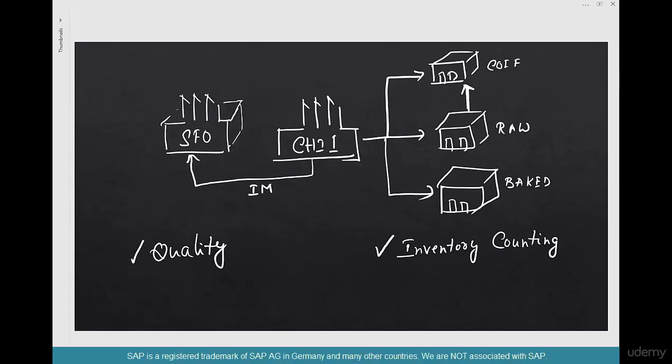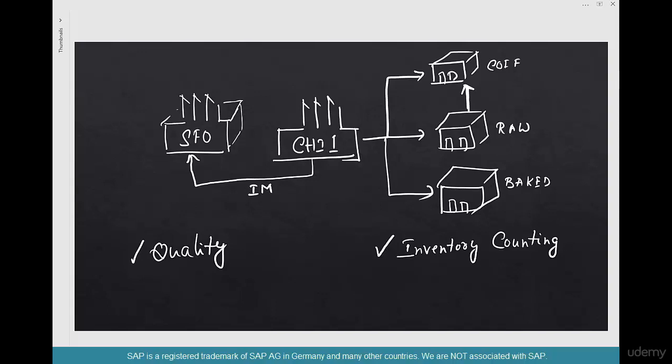You have your own internal quality controls. You check for molds, you check for color, you check for flavor, all different kinds of things. After you do that, you put it into your stock. But until that point, it's stock that's still under inspection.